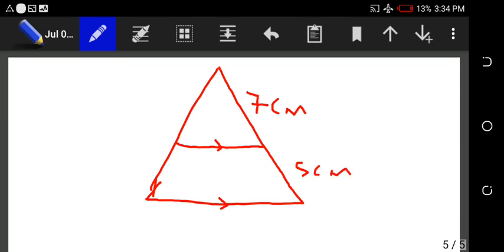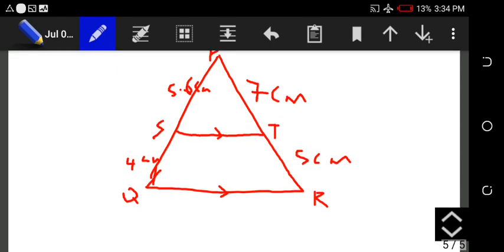We have here to be 5.6 cm, and then we have here to be 4 cm. So let me label them: P, Q, R. Then here let it be S and then T.